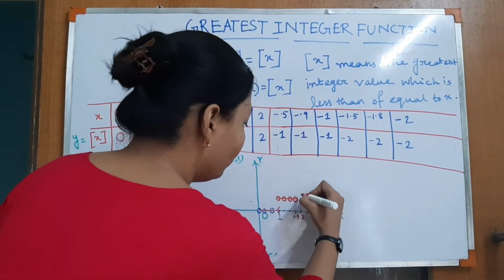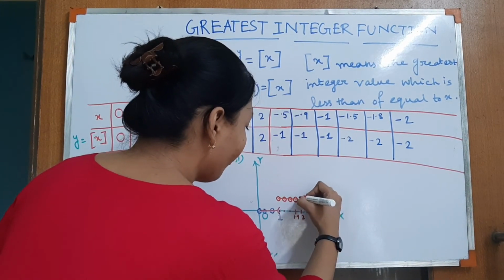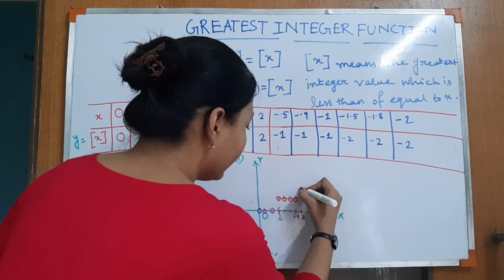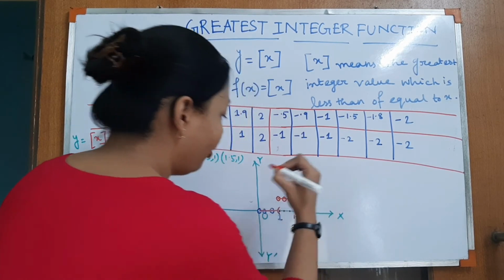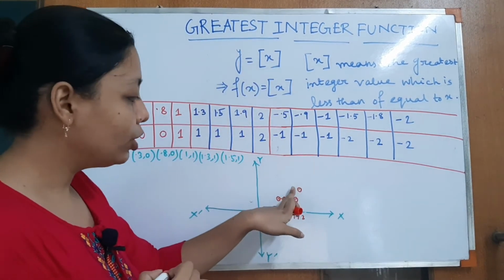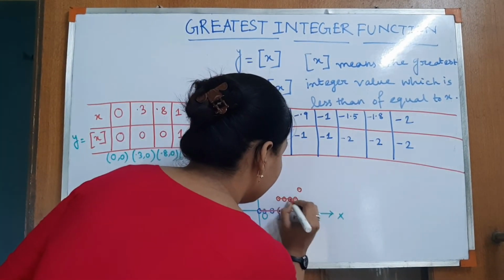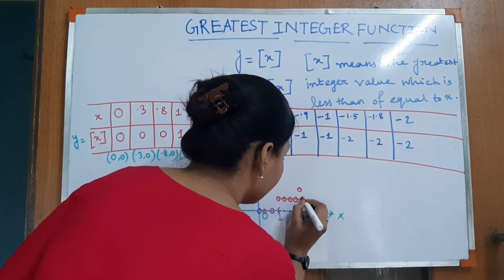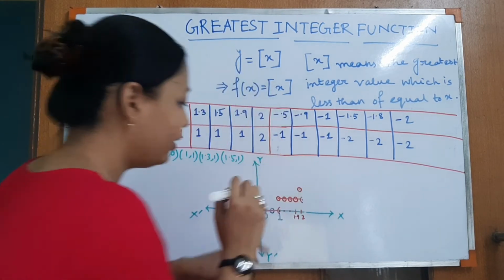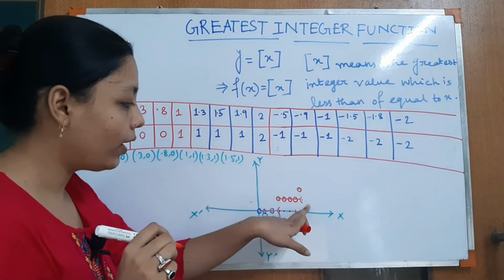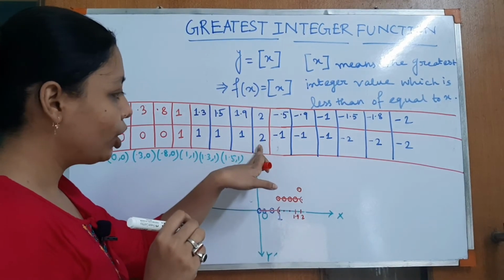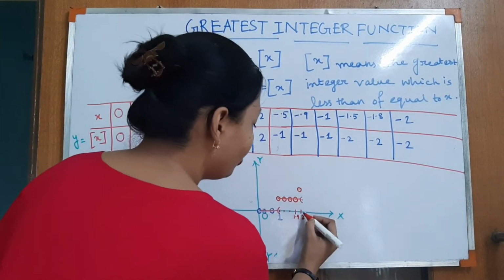So, if we take 2, then this is the point 2 comma 2. So, here this point cannot lie on this line. So, here we draw a half circle for this point 2 comma 2.